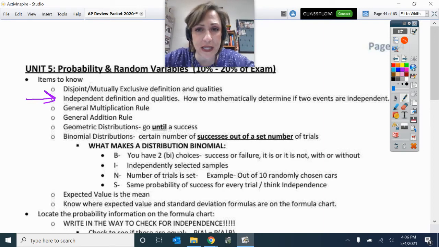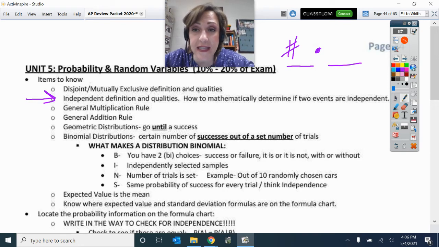If I want this event to happen and this event to happen, if they are independent, meaning the fact that this first thing has happened hasn't changed the probability of it happening again, then the probability is the same.